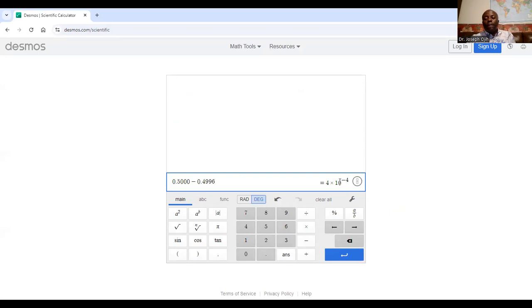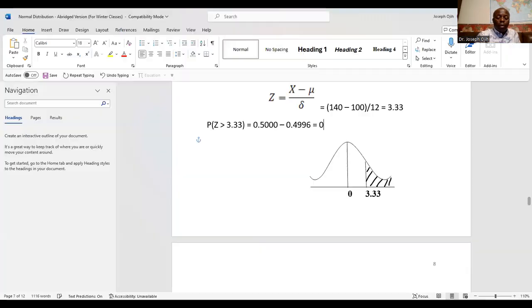This negative 4 means that there are going to be 4 zeros before the first significant digit, which is 4. So that's going to be 0.0004. So the answer will be 0.0004. Any question on this one?